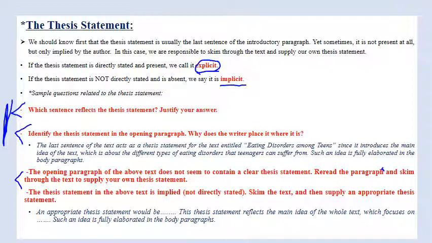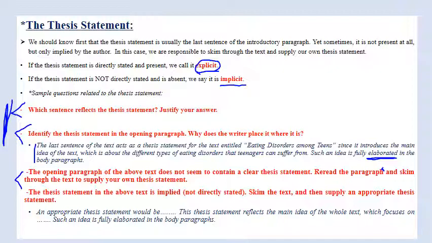For the explicit thesis statement, the last sentence of the text acts as a thesis statement for the text entitled Eating Disorders Among Teens, since it introduces the main idea of the text, which is about the different types of eating disorders that teenagers can suffer from. Such an idea is fully elaborated in the body paragraphs. Elaborated means explained, discussed, if you want, you can use that.